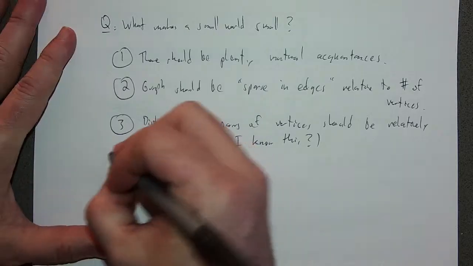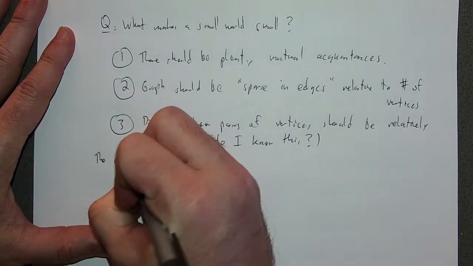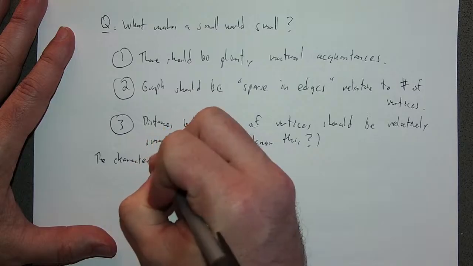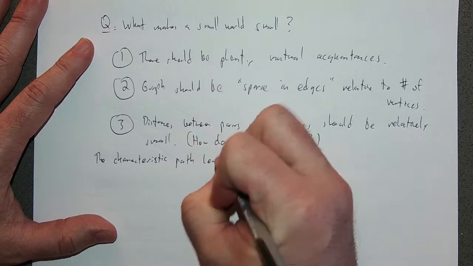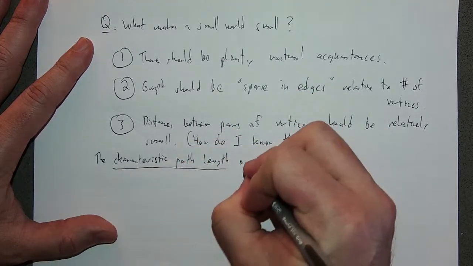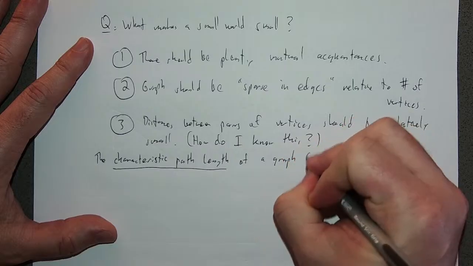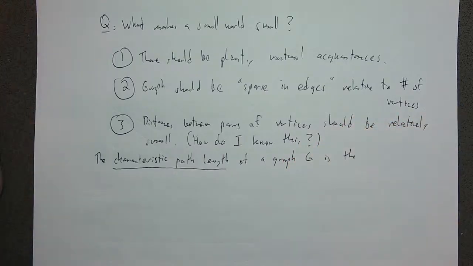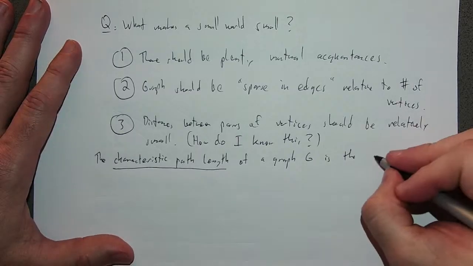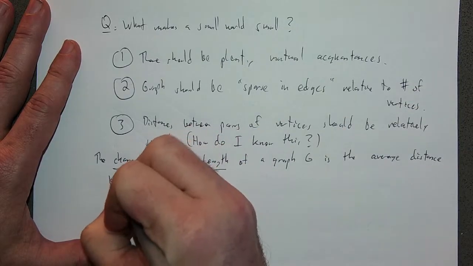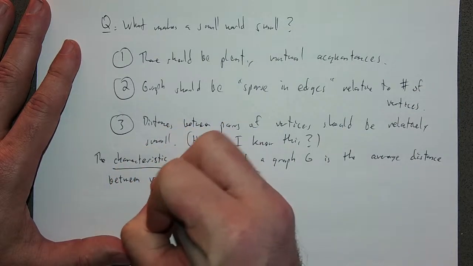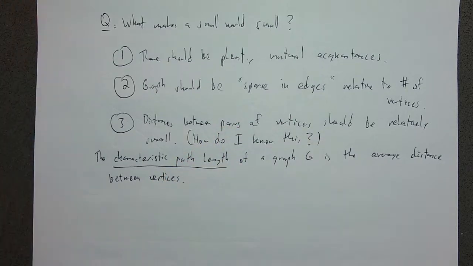So I'm going to define the characteristic path length of a graph G is the average distance between vertices. The average distance between vertices, where the average is taken over all pairs of distinct vertices.